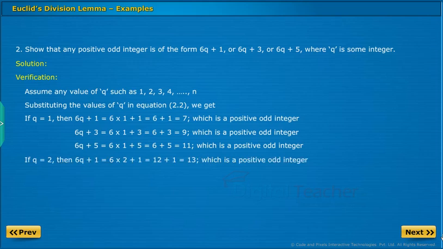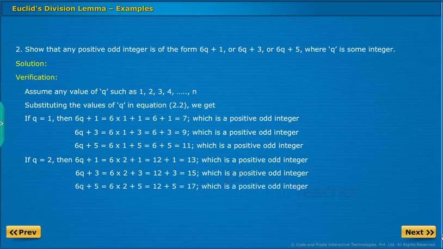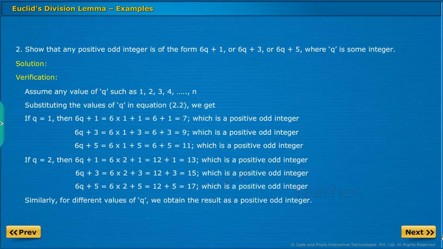If q equals 2, then 6q plus 1 is equal to 6 into 2 plus 1, which is in turn equal to 12 plus 1, that is 13, which is a positive odd integer. 6q plus 3 is equal to 6 into 2 plus 3, which is 12 plus 3, that is 15, which is a positive odd integer. 6q plus 5 is equal to 6 into 2 plus 5, which is 12 plus 5, that is 17, which is a positive odd integer. Similarly, for different values of q, we obtain the result as a positive odd integer.